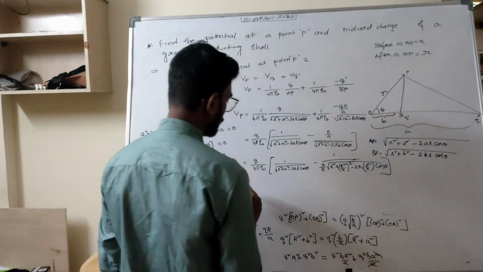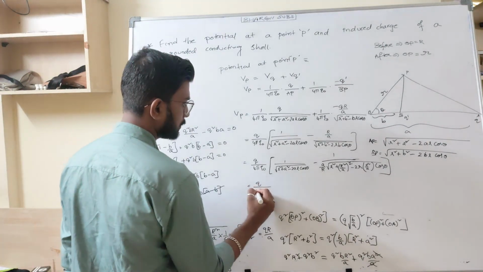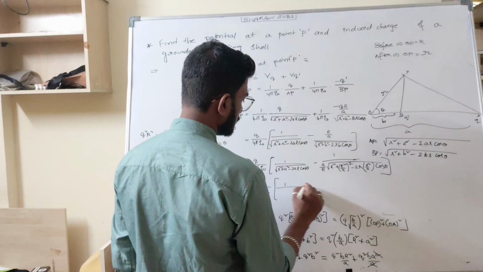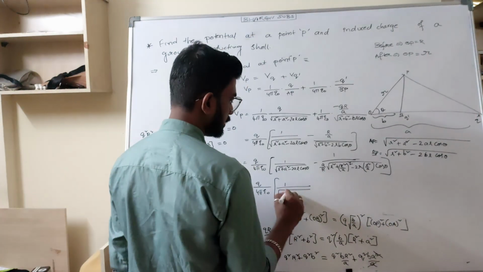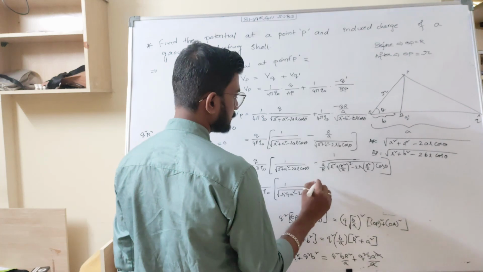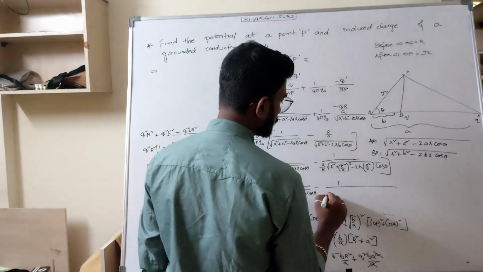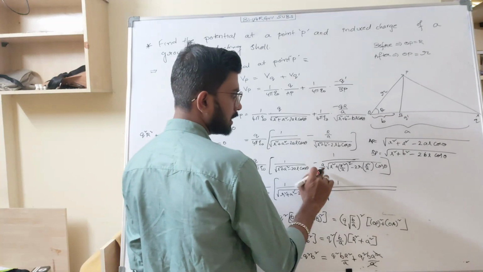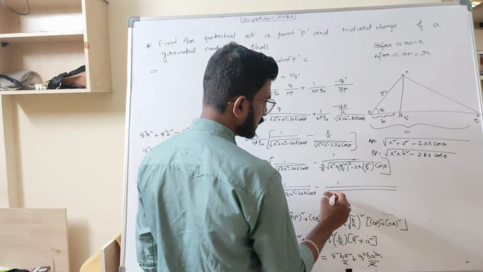Okay, now Q by 4 pi epsilon naught, 1 by root over r square plus A square minus 2 AR cos theta, minus 1 by root over, I will multiply the A. If I transfer the A to inside, so A by R inside, what I will get?